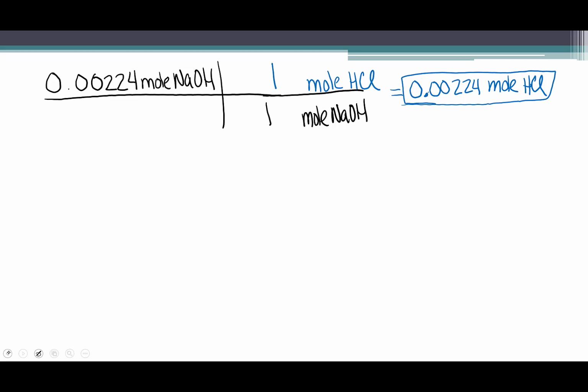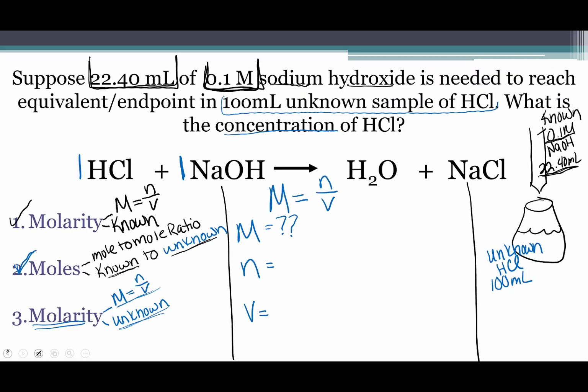So the answer from step 2 is 0.00224 moles of the unknown. Okay, so that's the purpose of step 2. And then lastly, do we know the volume? Well, of course, we know exactly how much of that substance we started with. But again, be careful.